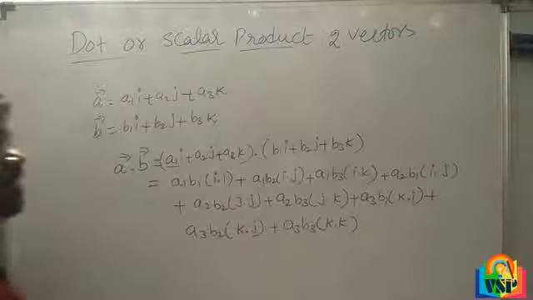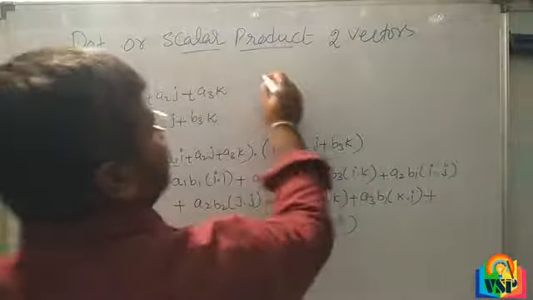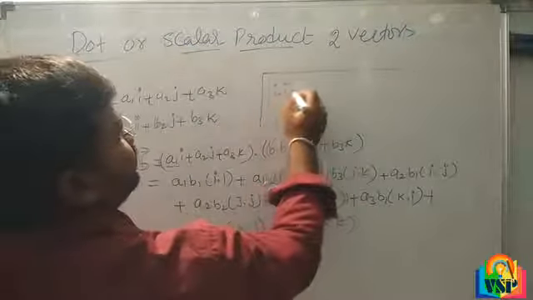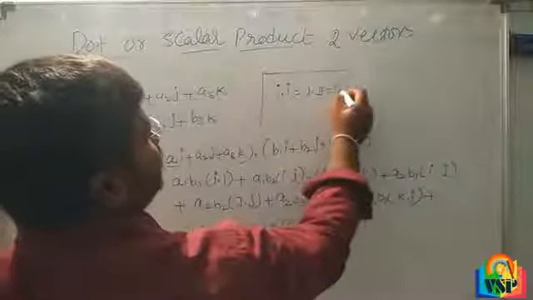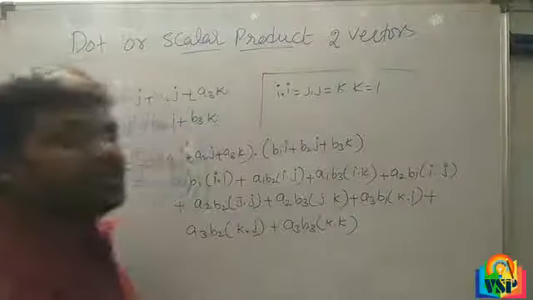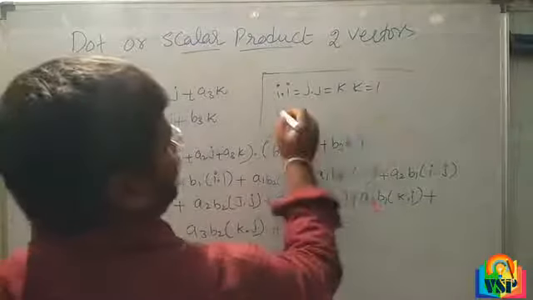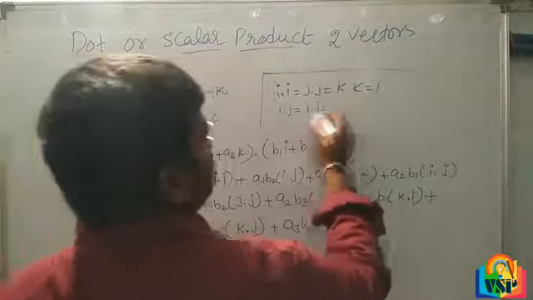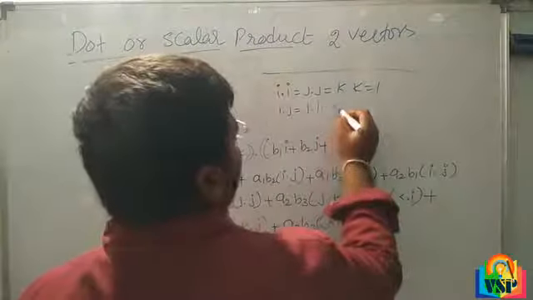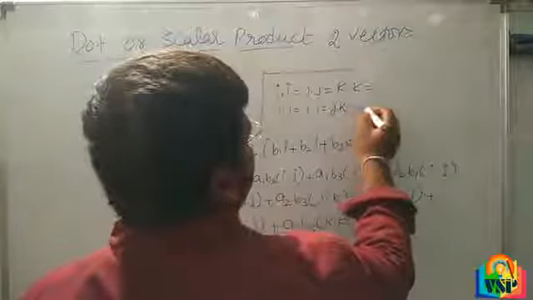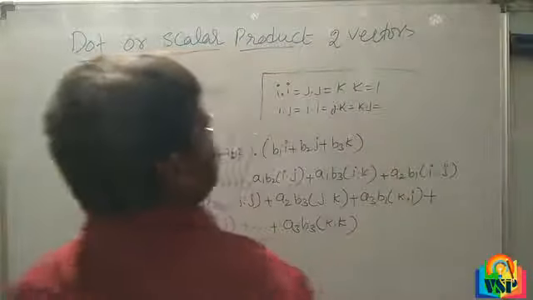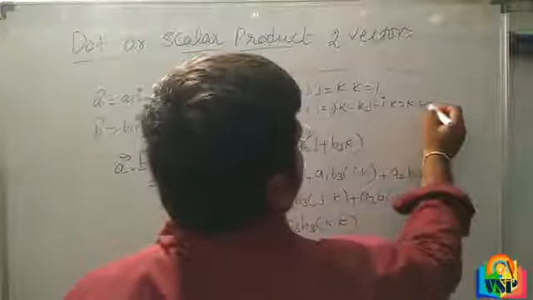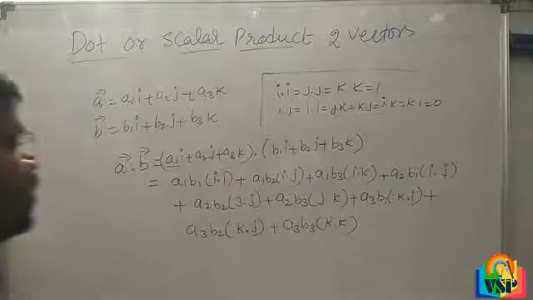Understand? Here the main thing is i dot i is equal to j dot j is equal to k dot k is equal to 1. According to the dot product, i dot j is equal to j dot i, j dot k or k dot j, i dot k, k dot i, all equal to 0.